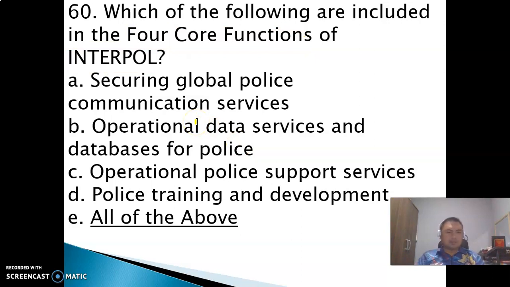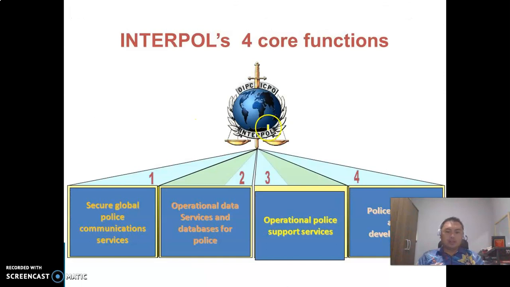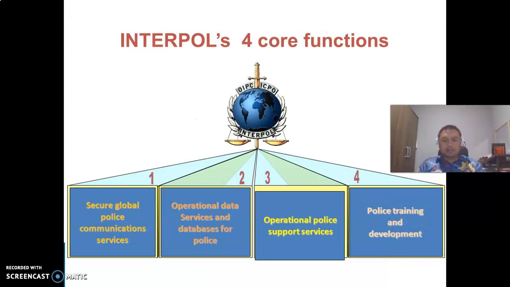Although, of course, you rarely choose all of the above. But my point here is I want you to know the core functions of the Interpol. Okay? Yan, ito yung core functions ng Interpol. Secure Global Police Communication Services. Okay, yan.